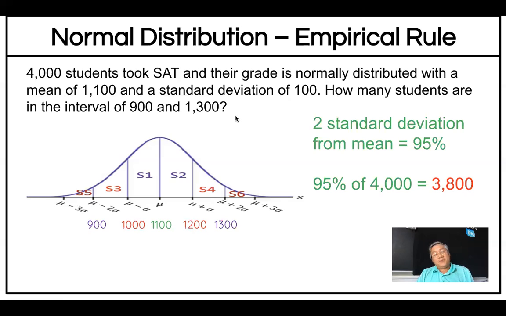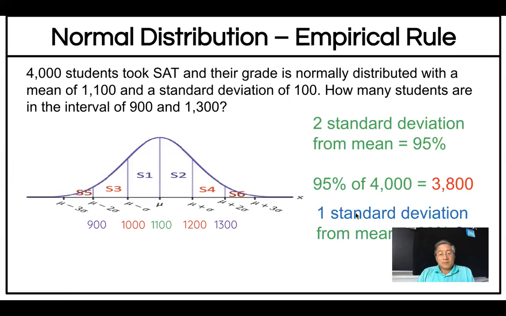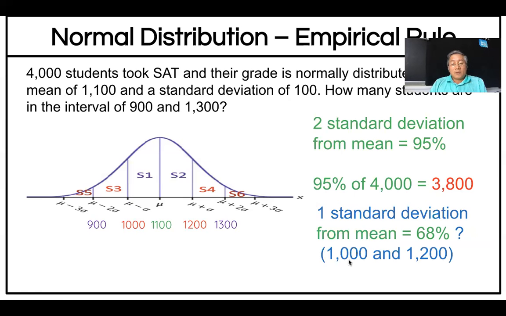What if we change it to the 1 standard deviation range? Then how many students are there? 1 standard deviation is 100, less from the 1,100, which is 1,000, and the more is 1,100 plus 100 would be 1,200, right? So between 1,000 and 1,200, how many percent? 1 standard deviation is 68% by the empirical rule.